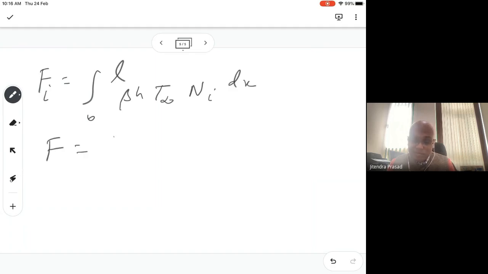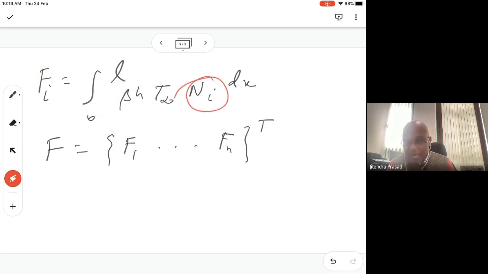So F is composed of F1 to Fn transpose, where Fi is given by the integral from 0 to L of beta H T infinity Ni dx. Yeah, so that's it. The rest you know how to put in the matrix form and you can solve it.